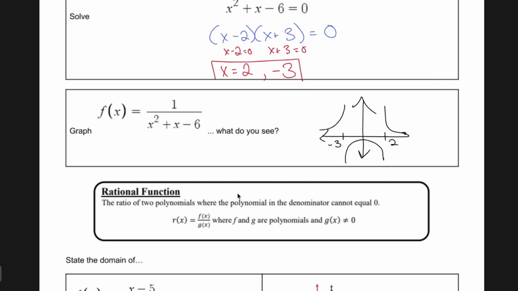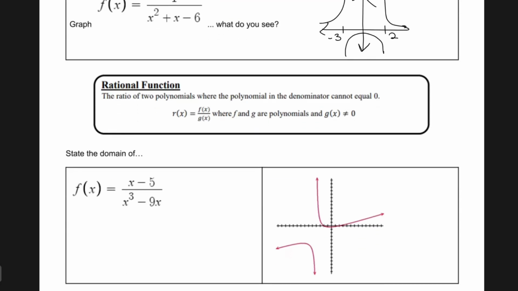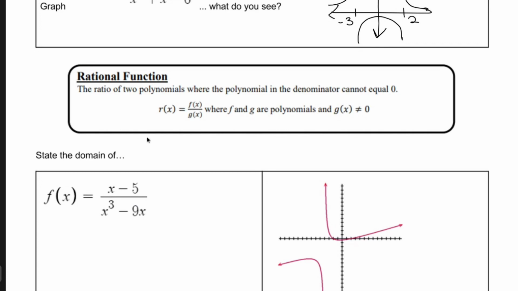So explosions everywhere. Now, a rational function is when you have something like f of x over g of x, but keep in mind, you are not allowed to have a denominator equal to 0. So g of x cannot equal 0.